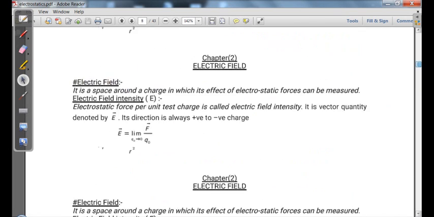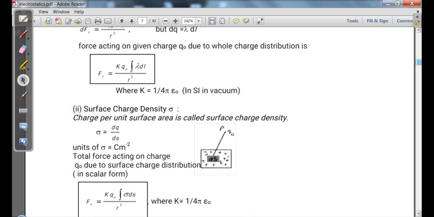Where we have discussed the charge distributions, see this one, charge per unit surface area is called surface charge density. So therefore surface charge density is equal to charge per unit area.